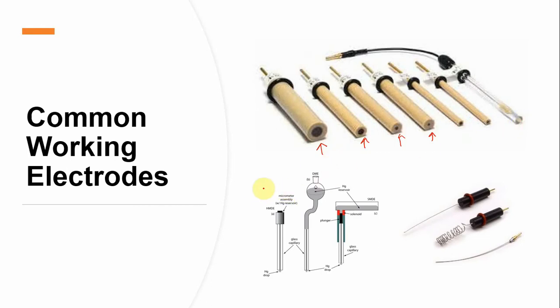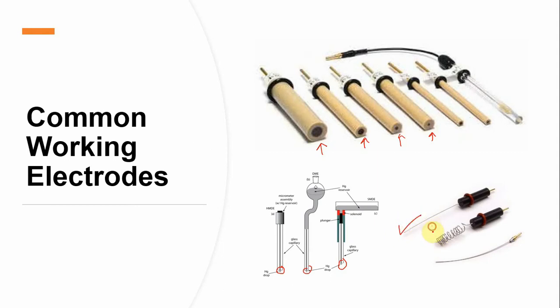Similarly, we have another kind of electrode over here. You can see that there is a mercury drop hanging at the tip of the electrode, and these are hanging mercury drops, and they also form a renewable surface. On all these surfaces, adsorption can take place. Similarly, we have these platinum electrodes.